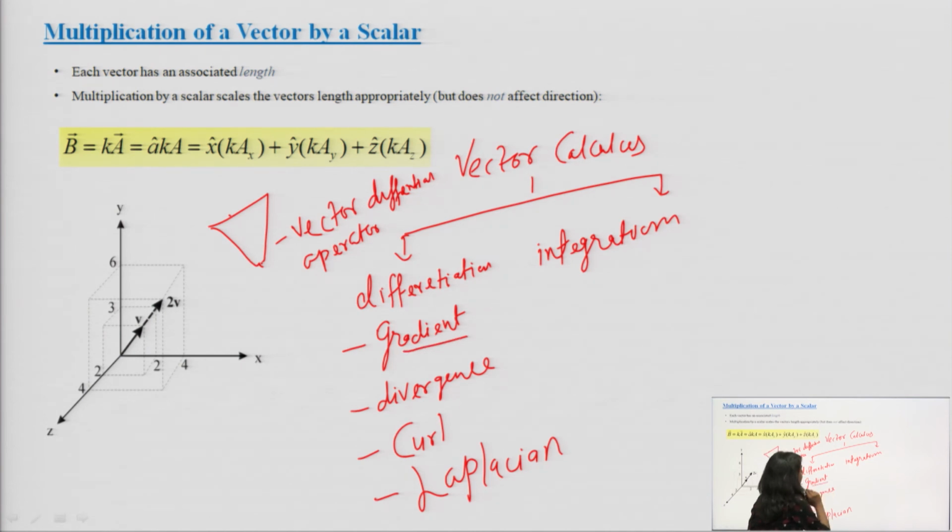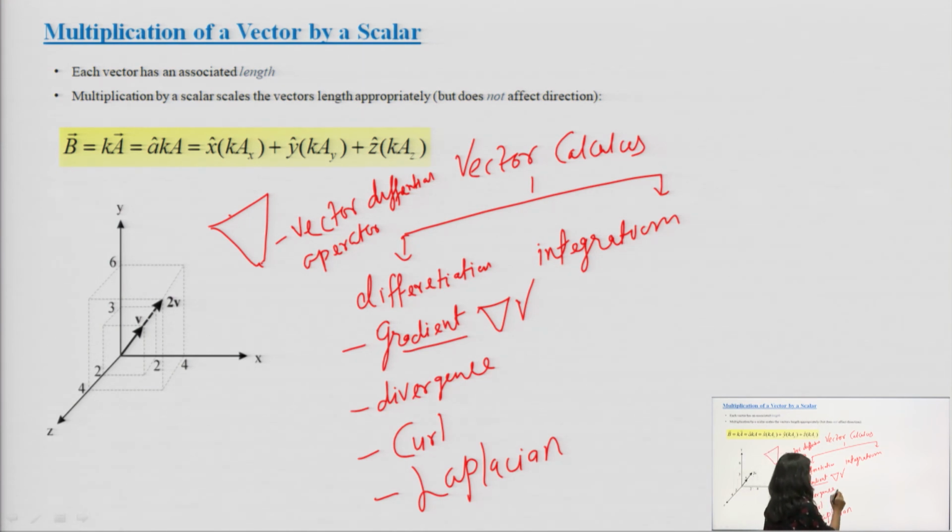Gradient is nothing but the simple multiplication of del, that is the vector differential operator, with any scalar, suppose v. This vector differential operator itself is not a vector, but when it is applied on any kind of scalar, it transforms that scalar into a vector quantity. So this gradient del v is a vector quantity.